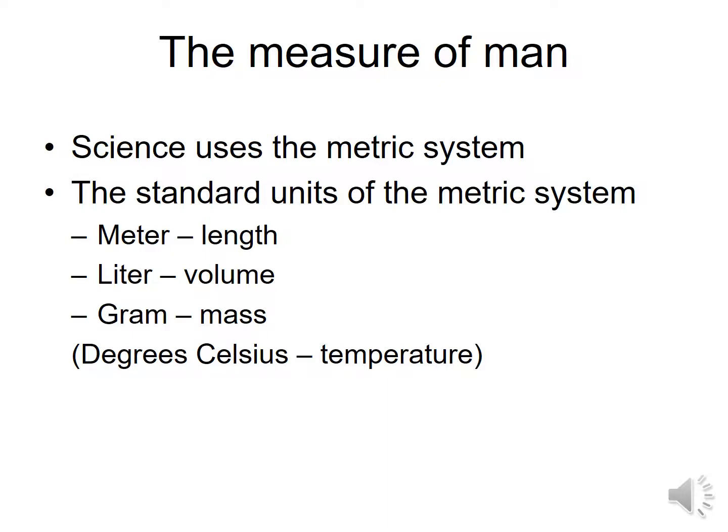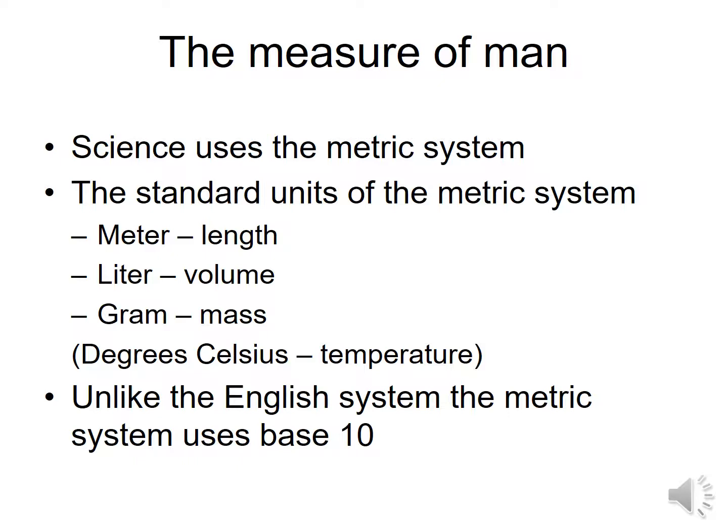The gram is a standard mass. Celsius is used to measure temperature. So we have standard units in the metric system. Unlike the English system, which is based on a variety of numbers like 16 and 32 and 5,280 and 12, the metric system uses everything in bases of 10, in other words, multiples of 10.